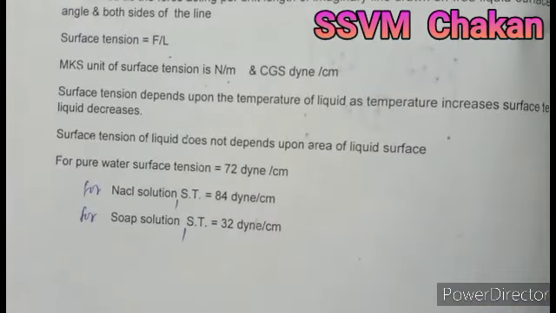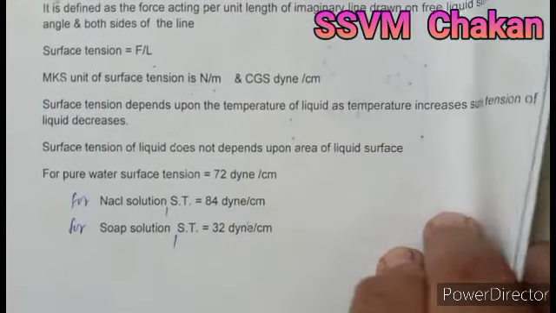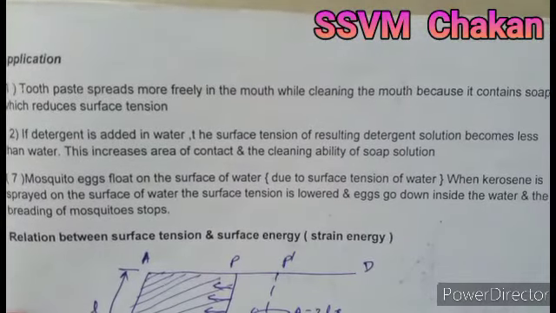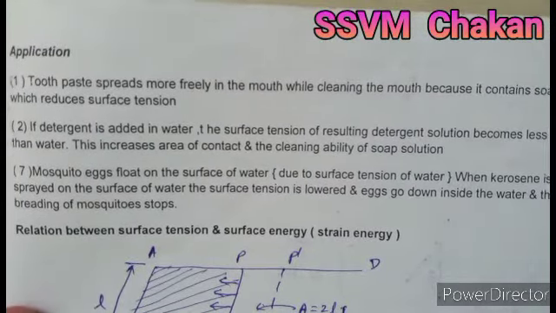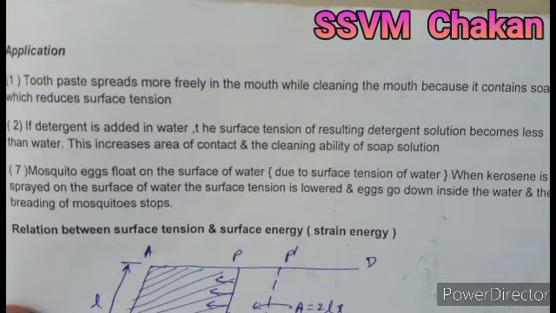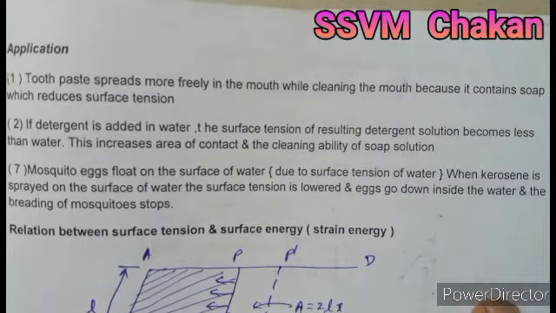Now we see the applications of surface tension, where we use surface tension. So first application, toothpaste. Toothpaste spreads more freely in our mouth while cleaning the mouth because it contains soap, which reduces the surface tension.